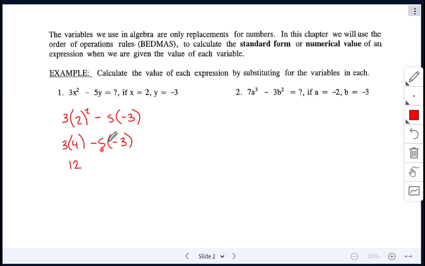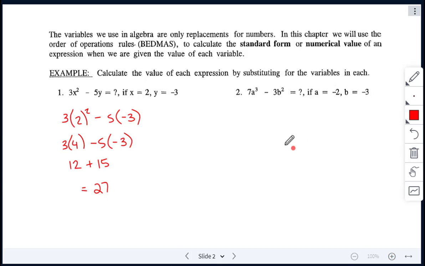Then I have negative 5 times negative 3. That becomes positive because a negative times a negative becomes positive. So that becomes plus 15. So we have 12 plus 15, and that gives me my answer of 27.